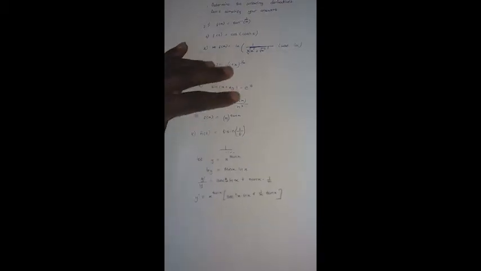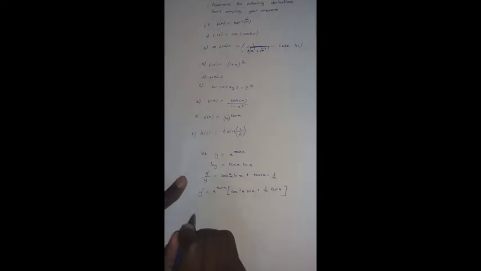Okay, and then moving on to the next one, number 8, it says h of t is equal to t sine of 1 over t. So you can already notice that this is the product rule.